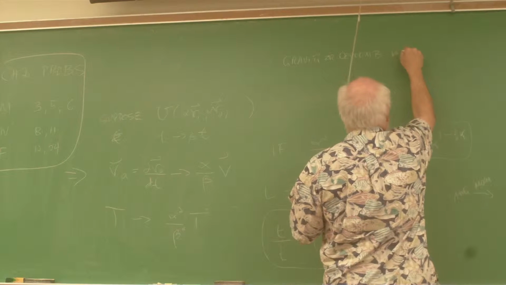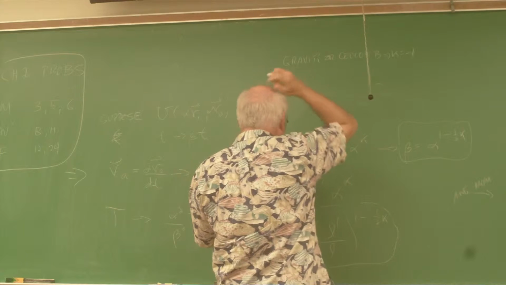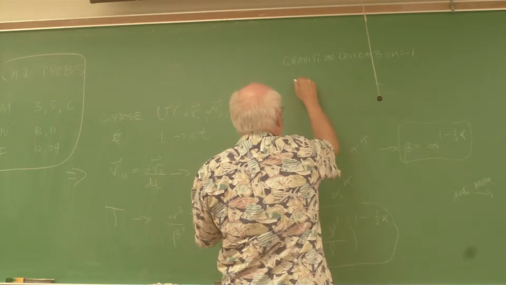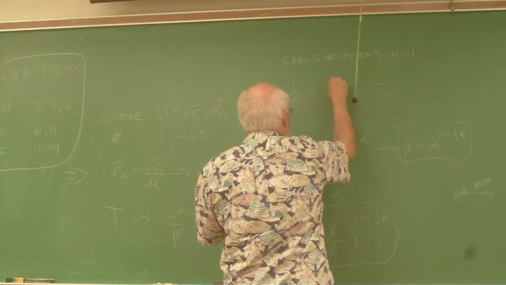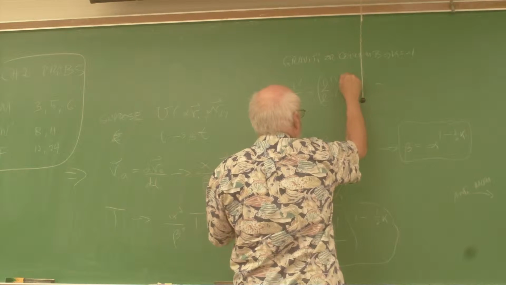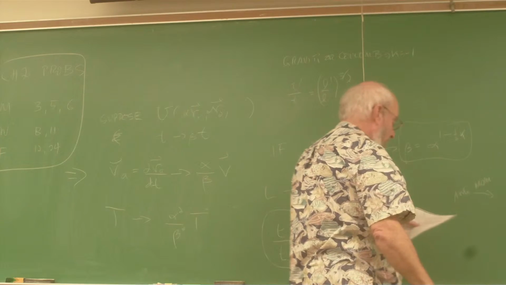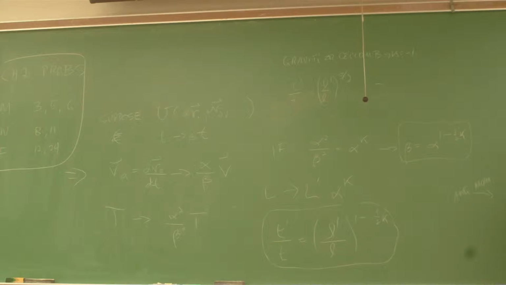So we have k is equal to -1. And in that case, then t prime over t is equal to L prime over L to the 3/2. So do you see what we just got? We just got Kepler's third law. Pull it like a rabbit out of the hat.